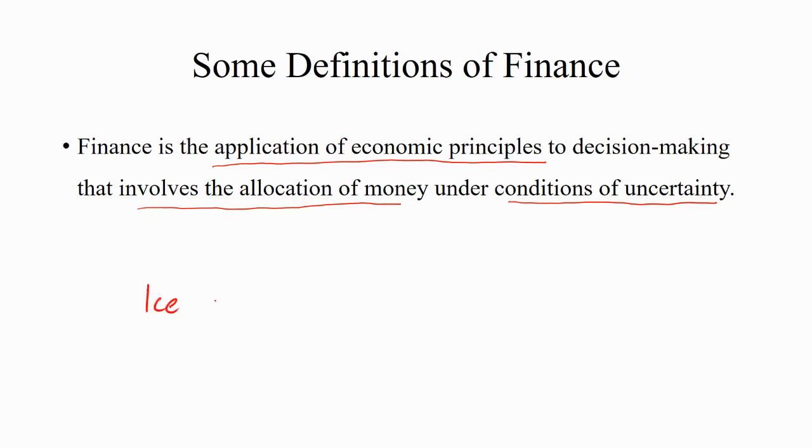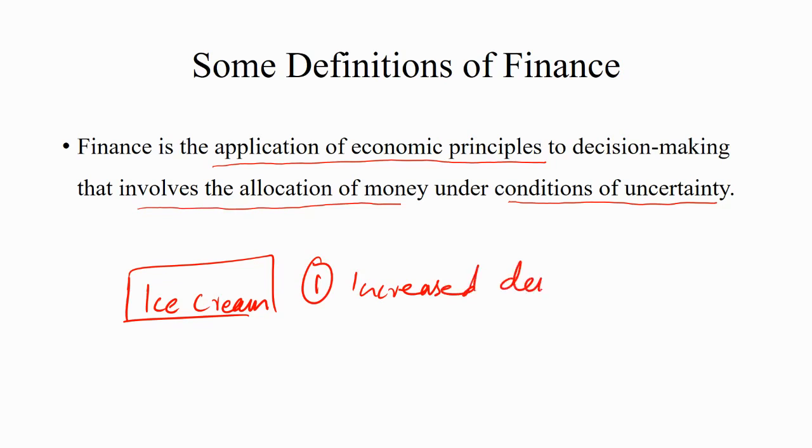For instance, you own an ice cream business and people are dying for your products. So let's see how this definition fits in. Now, there is an increased demand of your product, which is an economic principle.